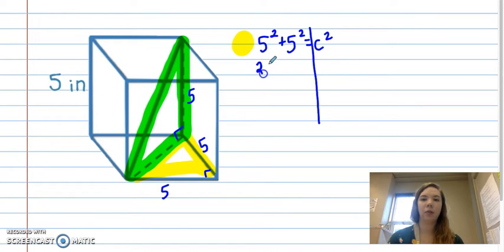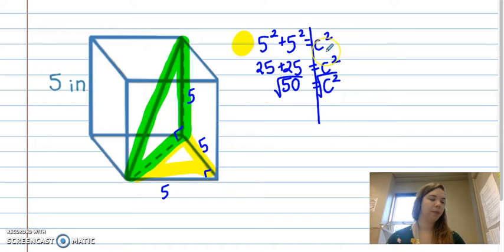Okay, 5 squared is 25. 25 plus 25 is 50. And then you would square root, and get 7.1 for this dashed length here in the middle.